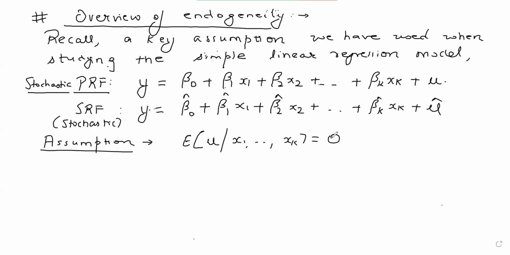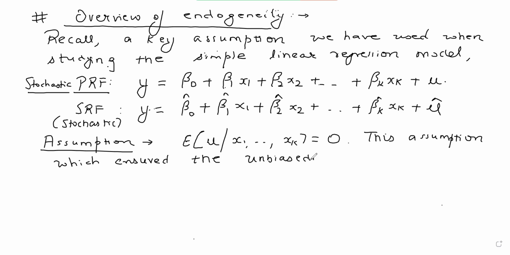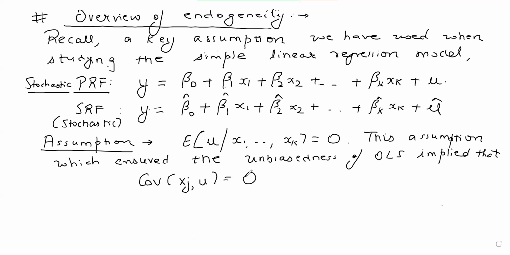This assumption, which ensured the unbiasedness of OLS, implied that the covariance of xj with u, which is my population error term, is equal to 0 for j taking values from 1 to k.